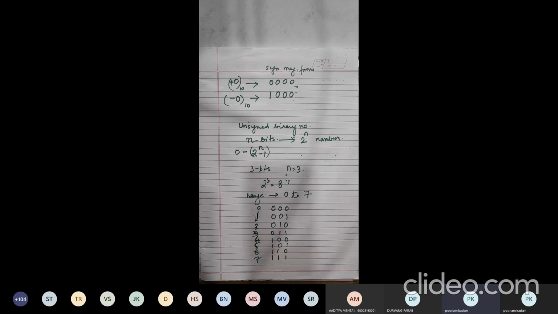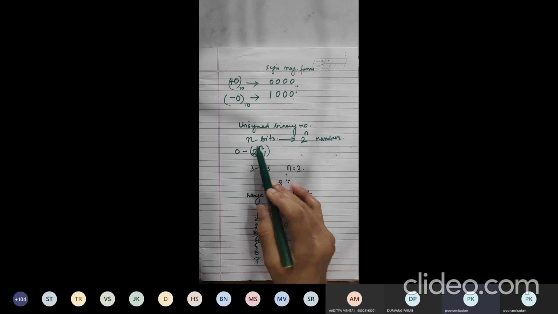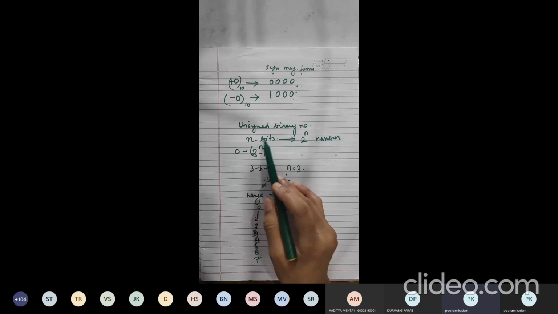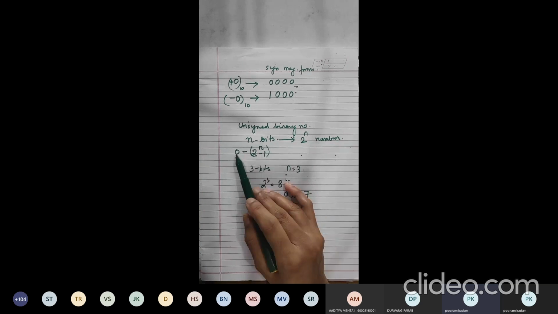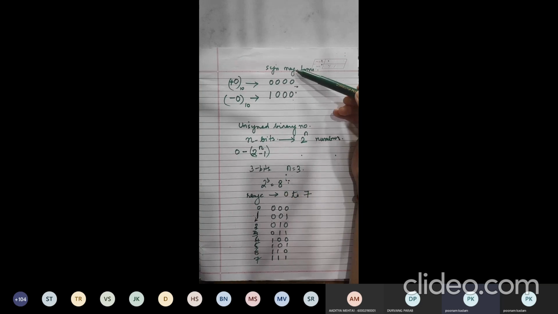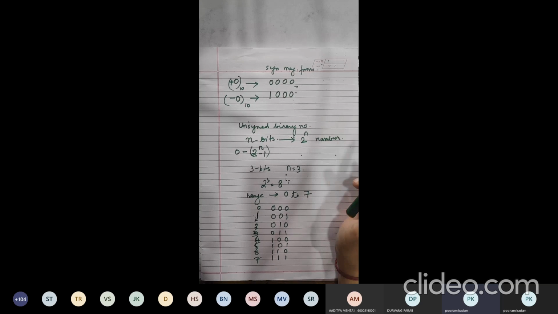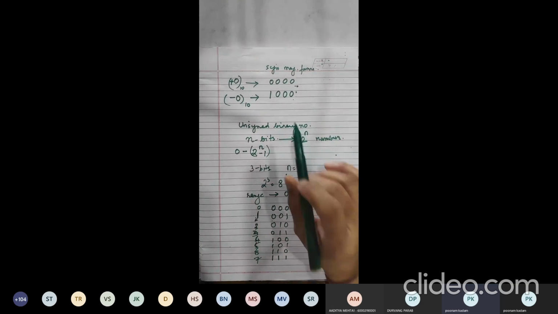So with 3 bits, we could represent decimal numbers from 0 to 7 if we use unsigned binary numbers, right? This was the range possible with n bits, so 0 to 2 raised to n minus 1. But when we are talking about signed magnitude form, we know that 1 bit is reserved for indicating sign and the remaining bits tell the magnitude.